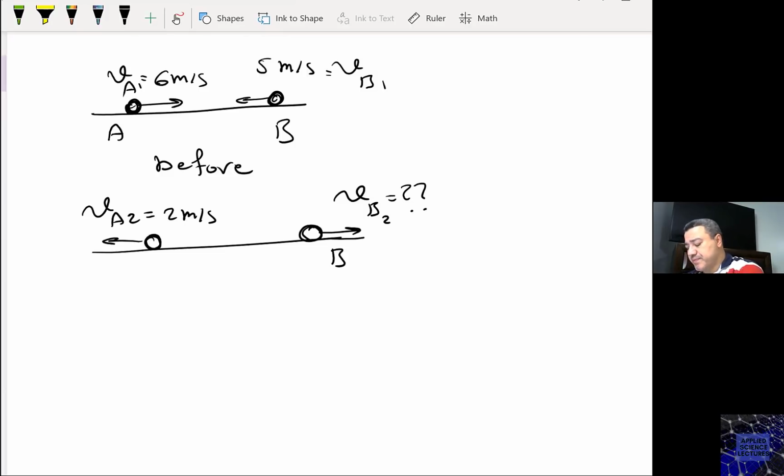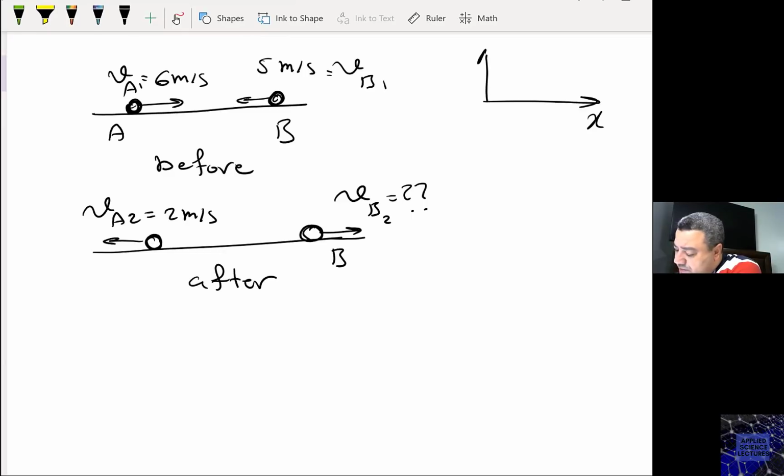So the first important thing I need to pay attention to is my positive orientation. So let me take here, this is X positive, this is Y, which is in the east direction.